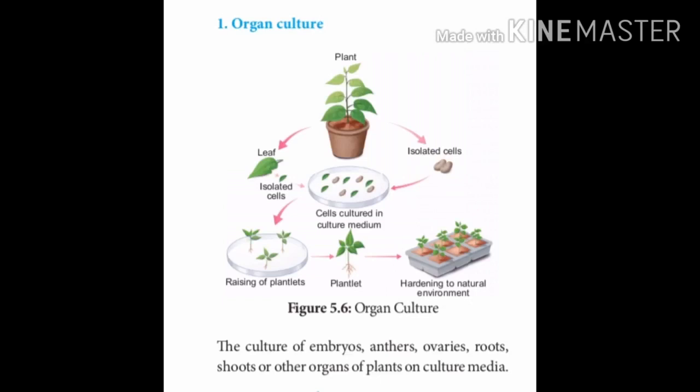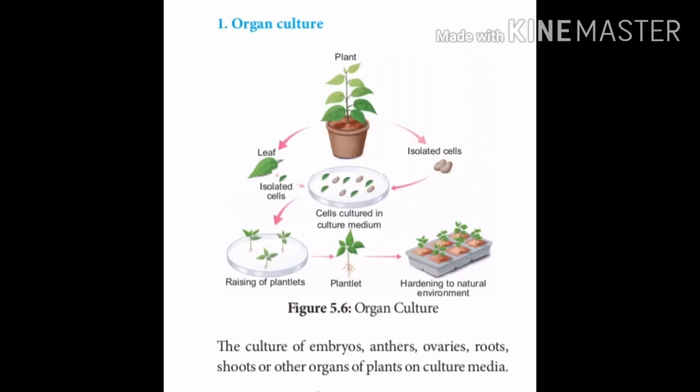After a certain level of growth, I transfer the plantlet to the hardening process. You can see in the last picture, where the plant is exposed to sand, minerals, and the natural environment.